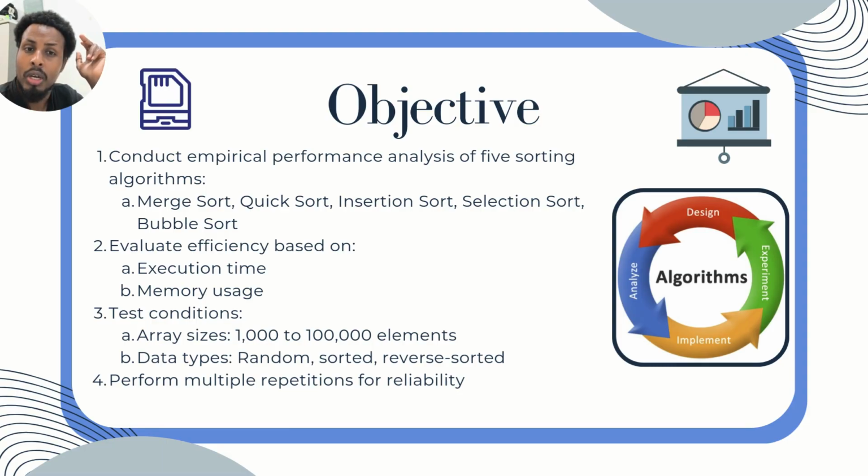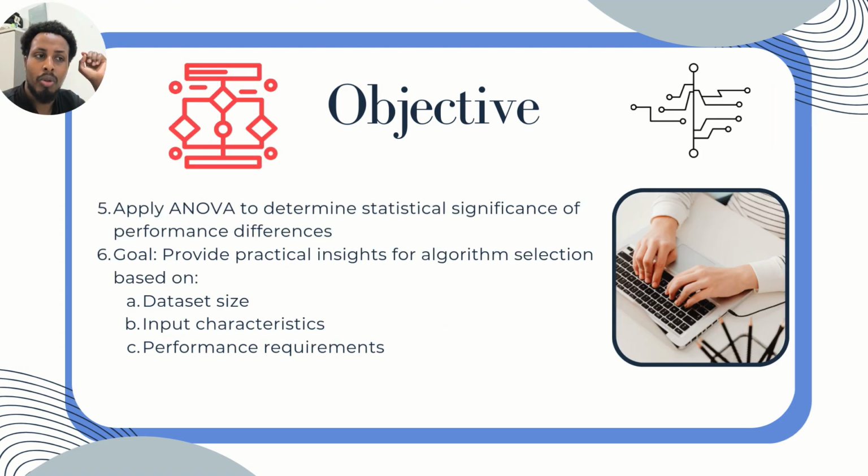Third, the experiments are conducted using array sizes from 1,000 to 100,000 elements and three data conditions: random, sorted, and reverse sorted, with multiple repetitions to ensure reliable results. Finally, statistical analysis is applied to determine whether performance differences are statistically significant and provide practical insights for algorithm selection.